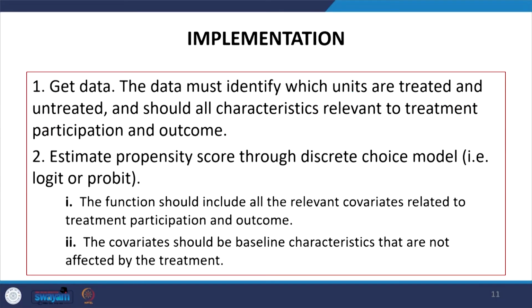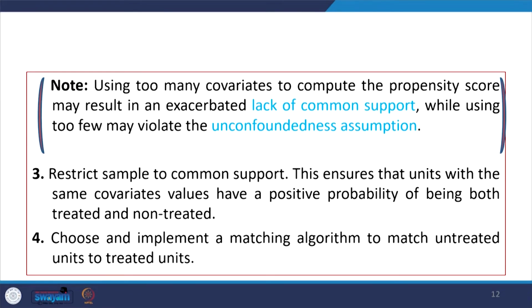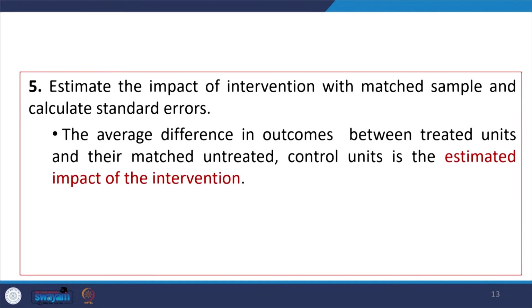Coming to the next step of implementation, we restrict the sample to common support. This ensures that units with the same covariate values have a positive probability of being both treated and non-treated. Then choose and implement a matching algorithm to match untreated units to treated units. The fifth one is to estimate the impact of the intervention with the matched sample and calculate standard errors accordingly.